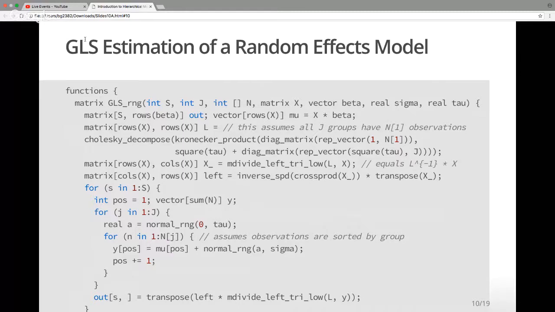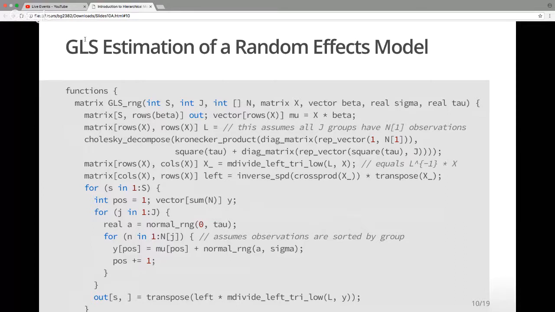It's going to have S rows. We're going to have a new argument, J, which indicates the number of groups that we partition our data in, mutually exclusive and exhaustive groups. So J might be 50 if we're thinking about the 50 states. J might be 100 if we're thinking about the 100 counties in North Carolina, some number of groups.